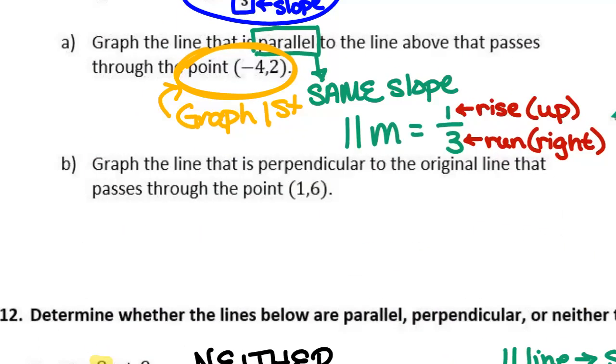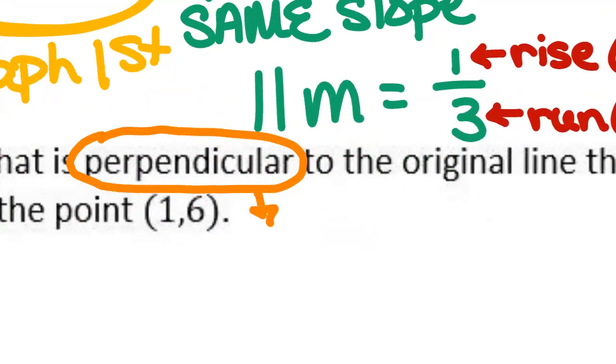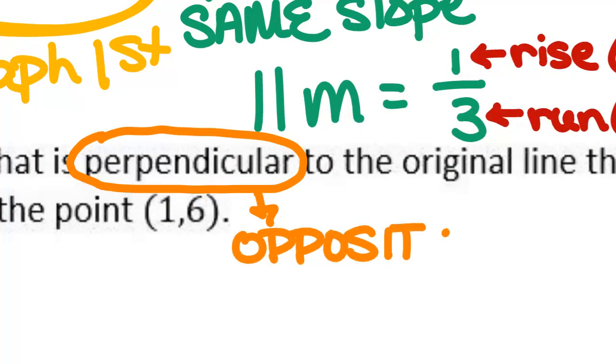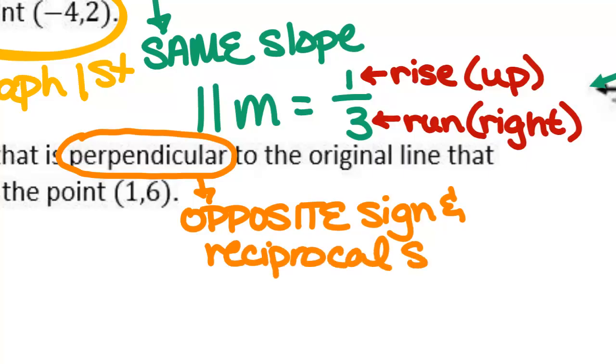All right, and then we get to part B, where we're going to do the perpendicular line. This has opposite sign and reciprocal slope. So we're going to flip that fraction over.